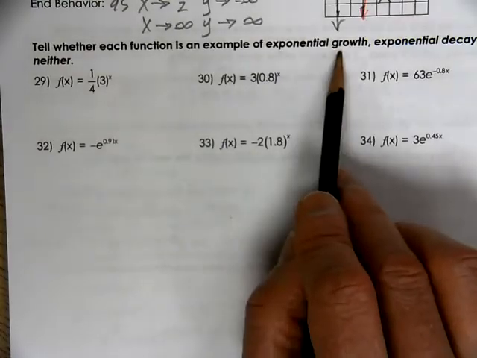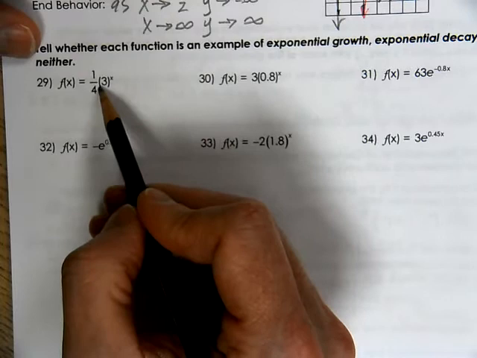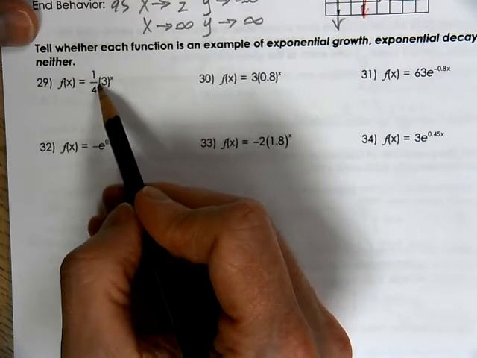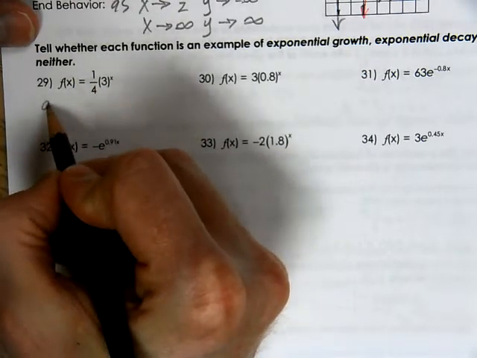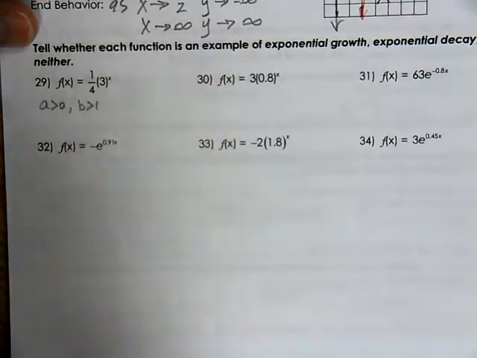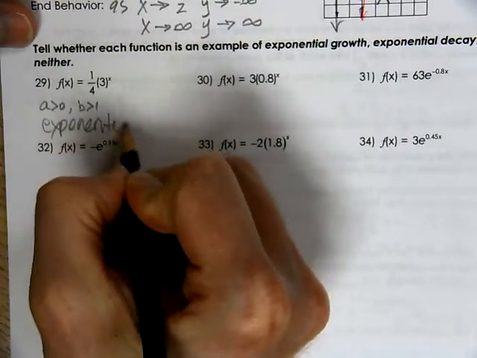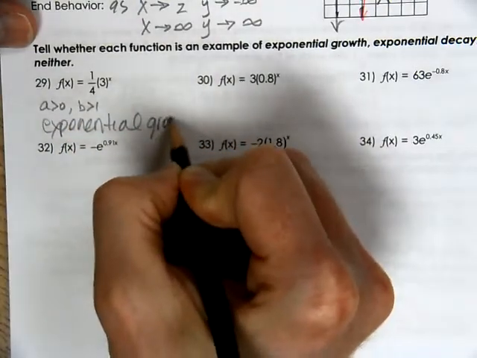Here we need to talk about exponential growth and decay. So here we know that the a value is greater than 0 and the b value is greater than 1. So we have exponential growth.